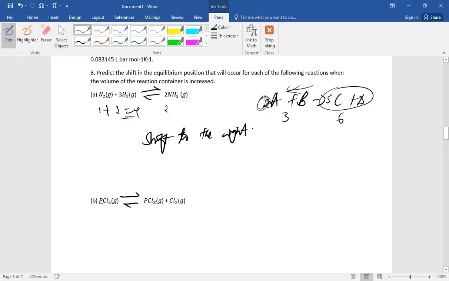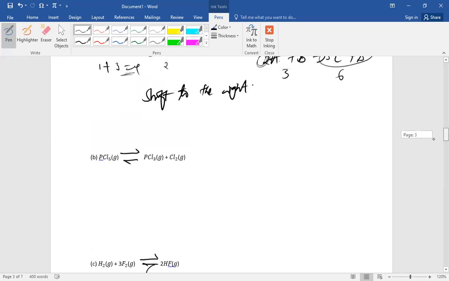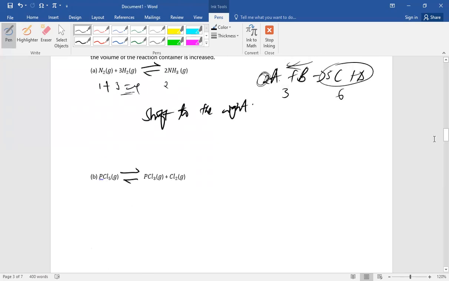The shift should be on the side where there are fewer. That's what happens with volume, because the more you increase volume, the more the number of moles increases. So remember, volume and number of moles matter for the gaseous state. Okay, simple.